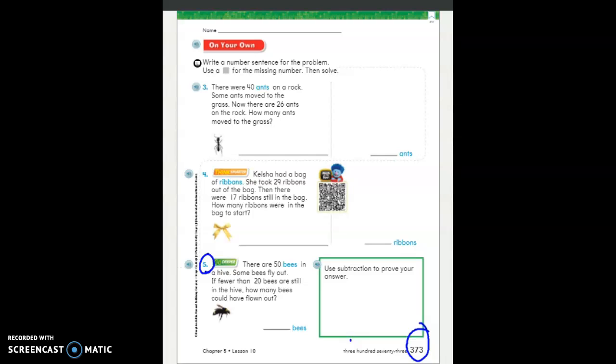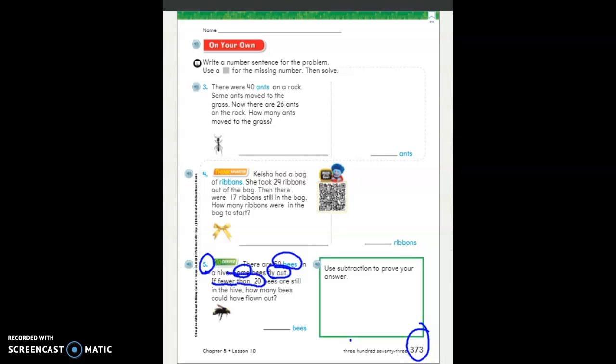So number 5, it says there are 50 bees, always circle keywords and numbers, in a hive. Some fly out. Okay, if fewer, now this one, anytime there's an if, fewer than 20.